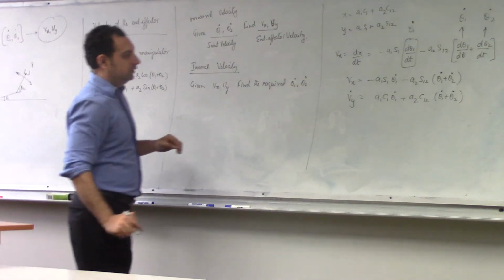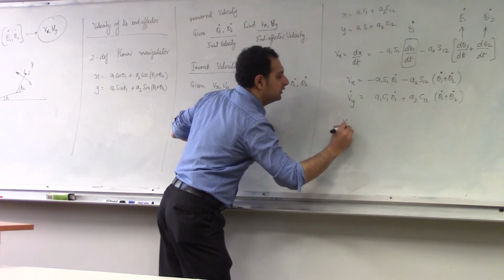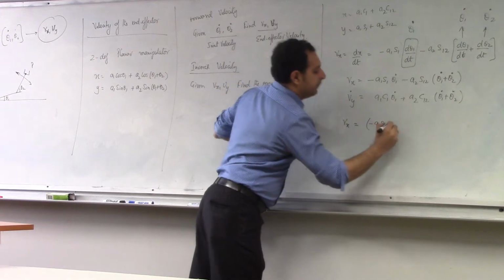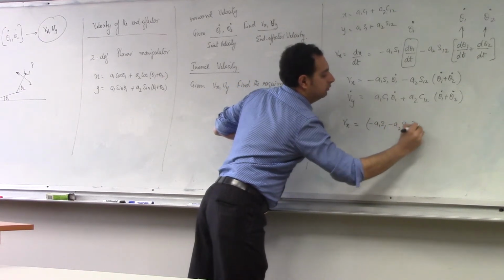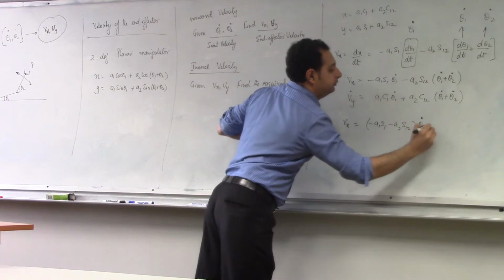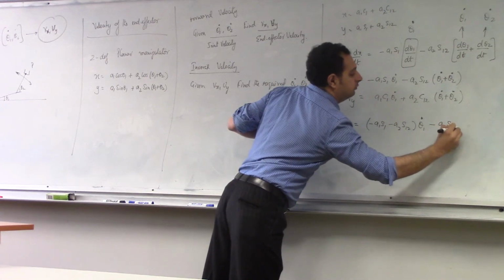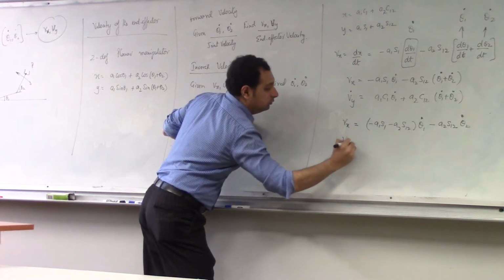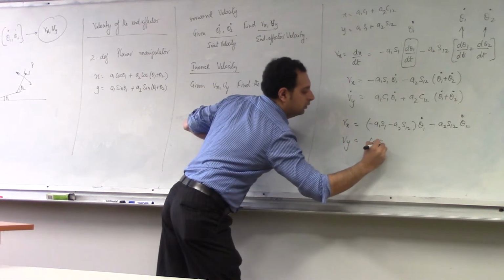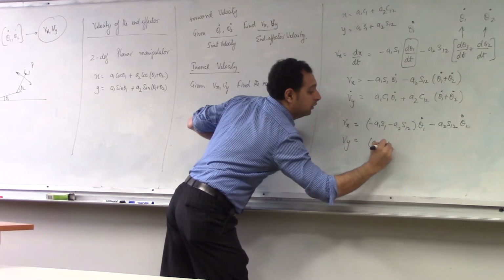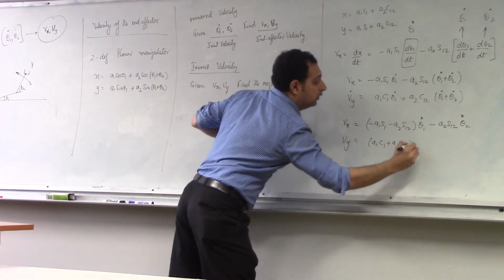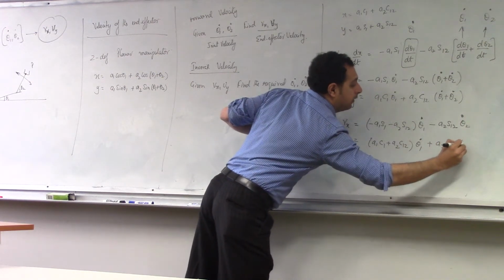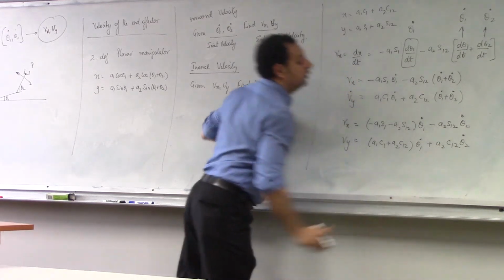If you take θ1 dot, θ2 dot common, I can write Vx and Vy.